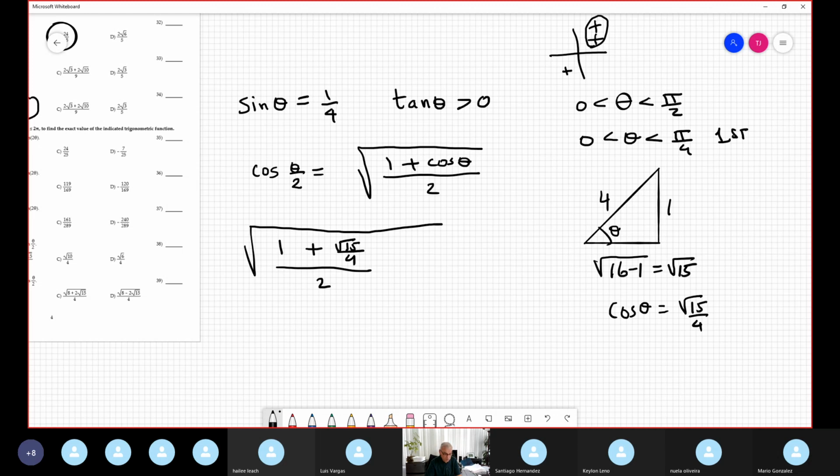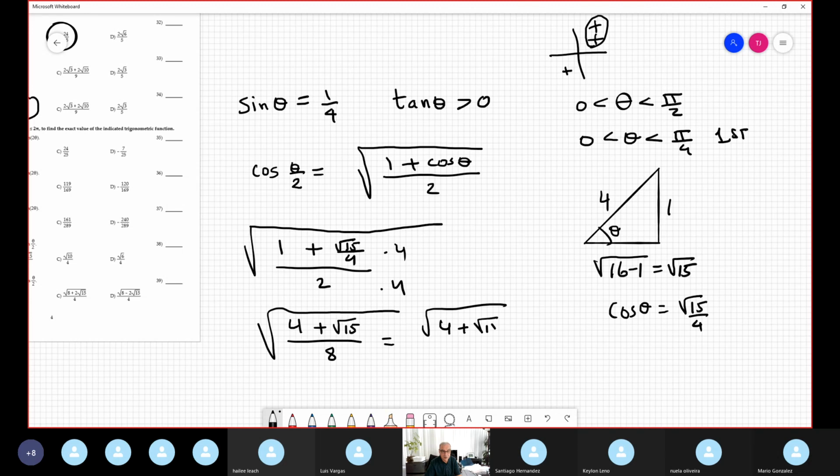Similar manipulation to what I did before. Now let me try to do it fast. Multiply by 4. We have square root of 4 plus radical 15 over 8. This is square root of 4 plus radical 15 over 2 radical 2, which is radical 8. Rationalize, multiply by radical 2 over radical 2.